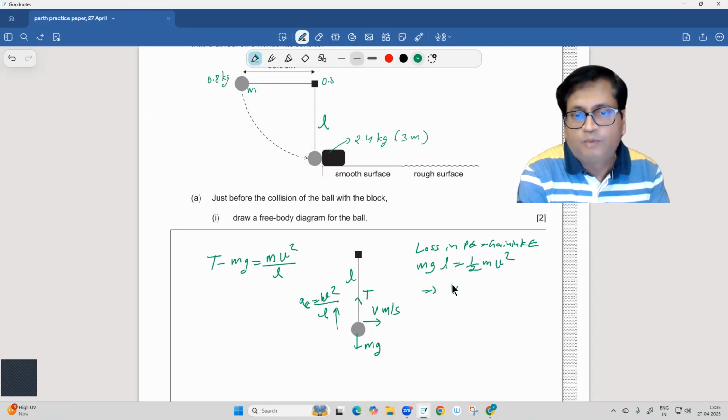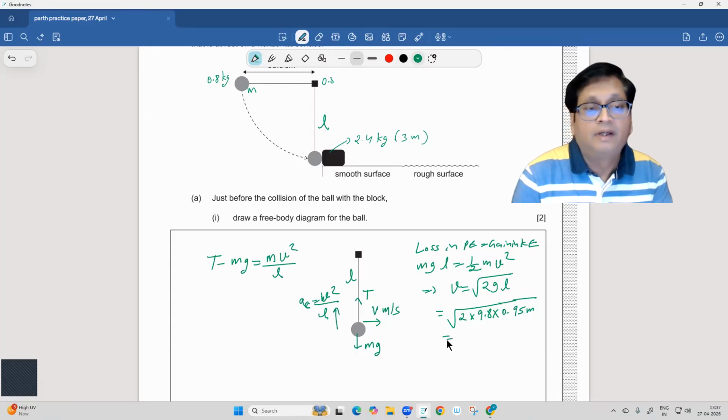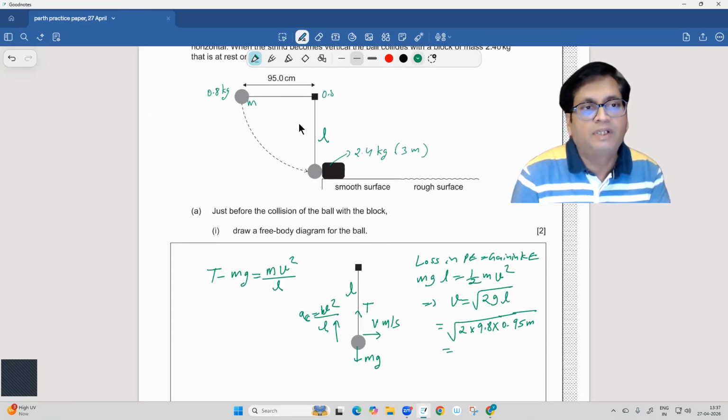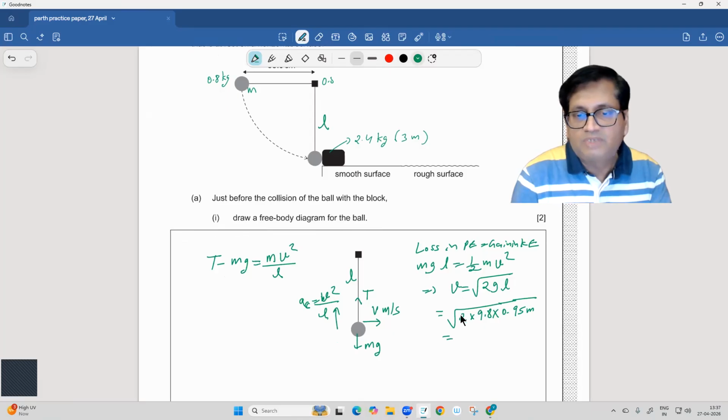So v will be under root of 2gL, right? Under root of 2 into 9.8 into L, which is 0.95 meter. So this will become the velocity in meter per second. If you want, you can calculate it.